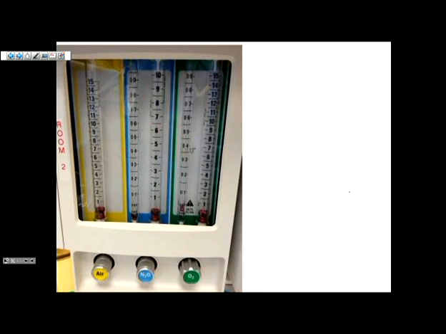Now, if I want to get 50% FiO2 or 0.5 FiO2, and I'm using yellow gas and oxygen, hold that thought. If I have 1 liter O2 and 1 liter air, what's the FiO2?